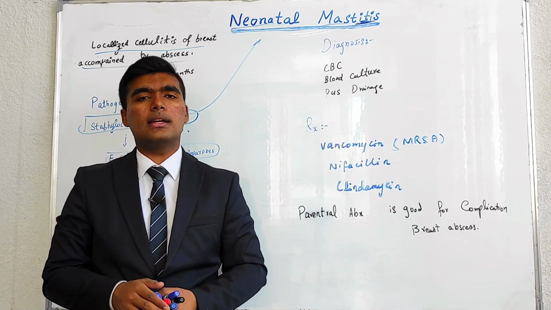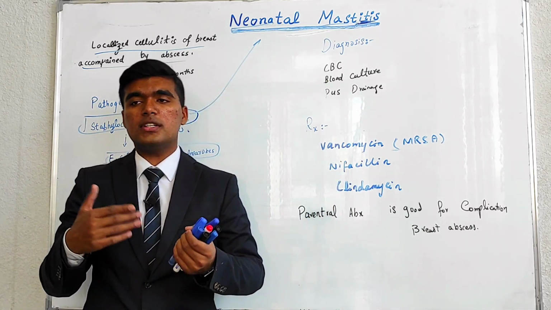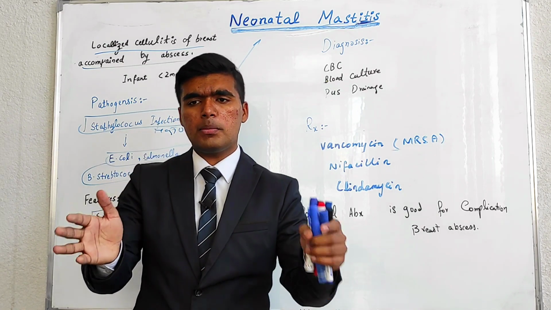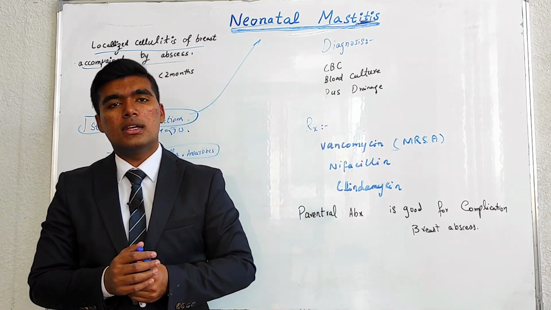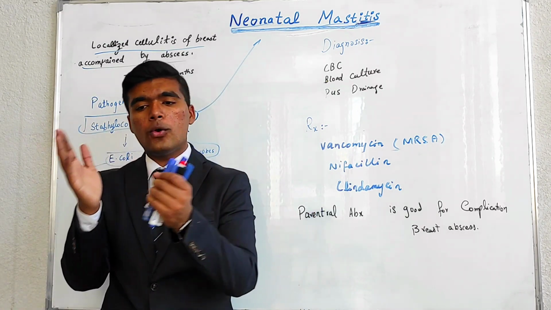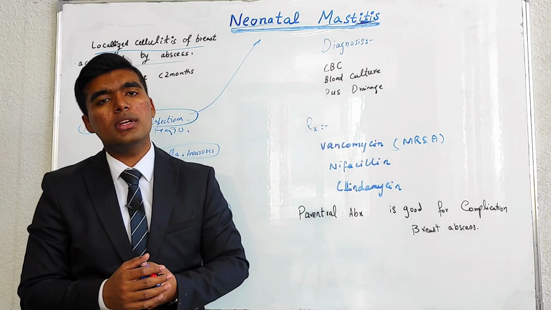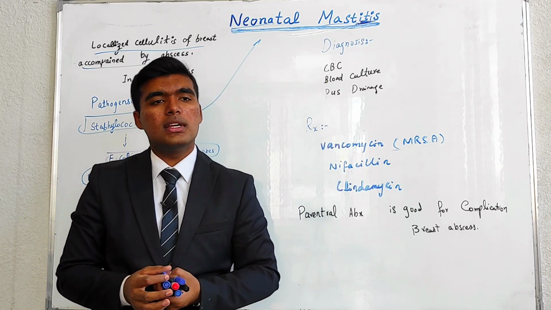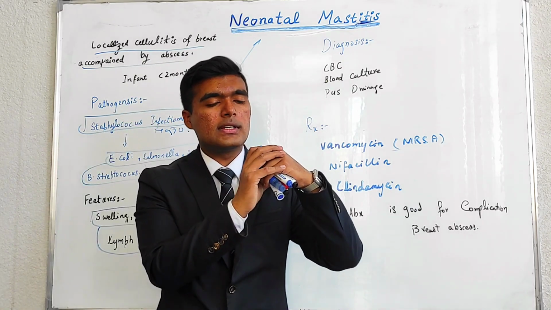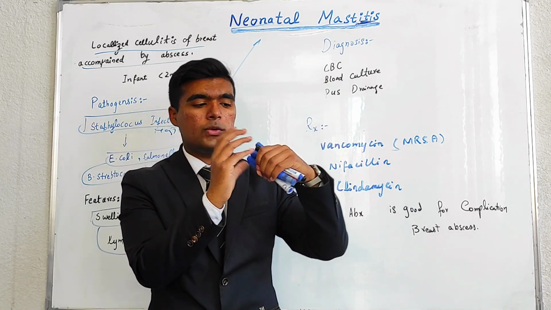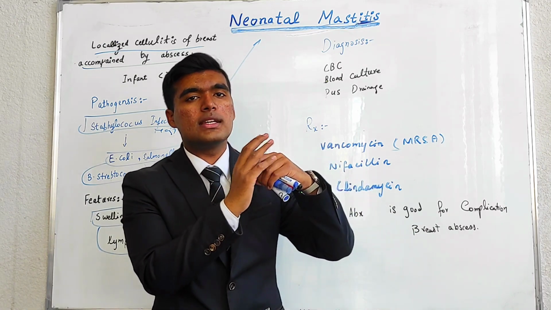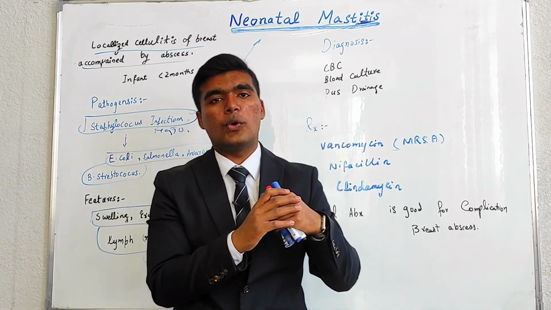And we often see that mastitis develops in breastfeeding women as well. So let's compare how neonatal mastitis occurs and how mastitis occurs in breastfeeding women. In breastfeeding women, when babies suck, improper suckling can cause some rupture, and due to that infection occurs. So that's the first cause.